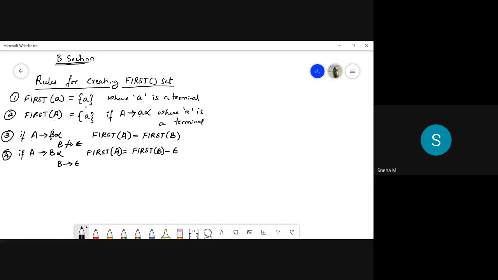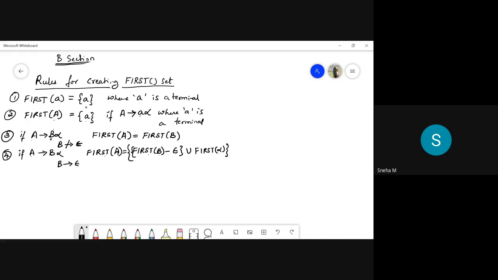There is one more rule because of which I cannot use epsilon. Because B is deriving epsilon, you may think that epsilon will come in the first set of A. Definitely for B, in the first set of B, epsilon will come. But for the first set of A, even if you are taking the first set of B, you have to remove epsilon from there. Then union first of alpha.